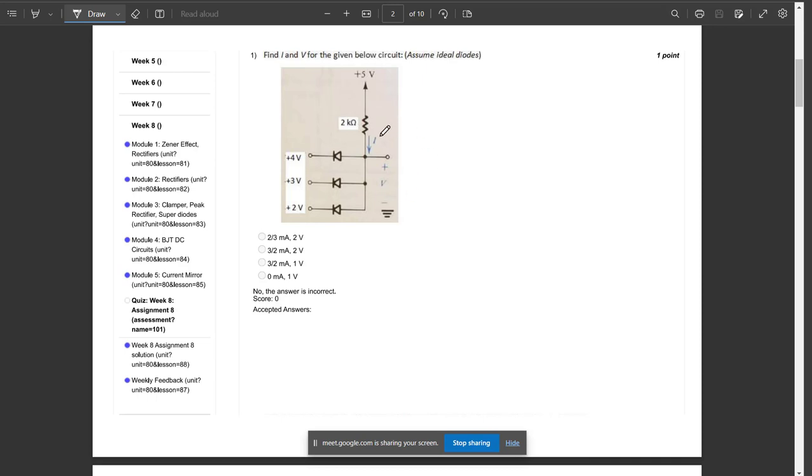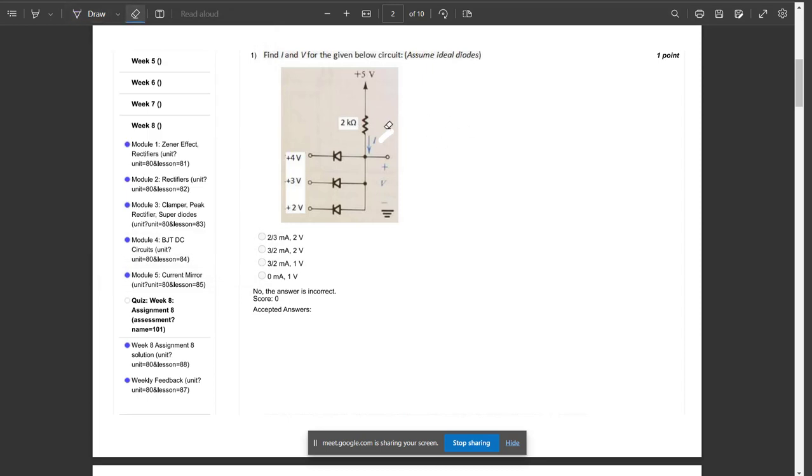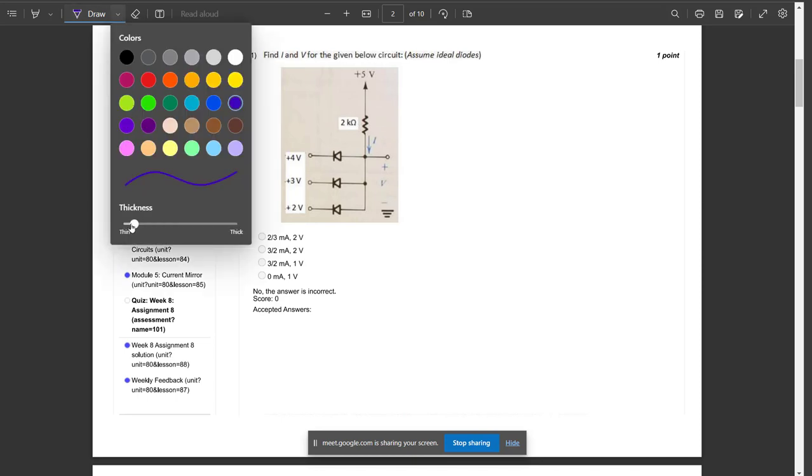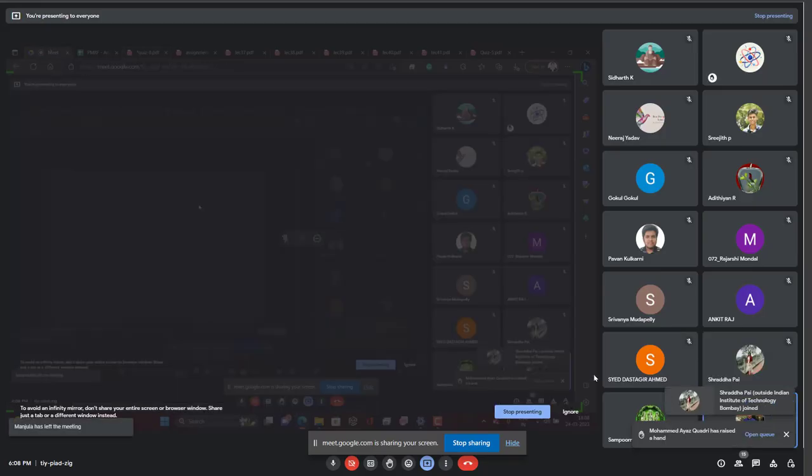We have to find the value of I and the value of V. Here 3 diodes are given to us and we are asked the value of I and V.